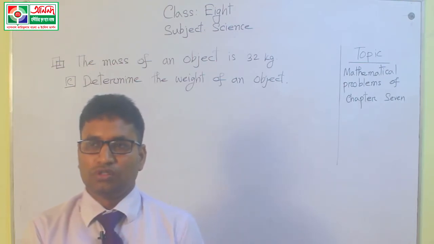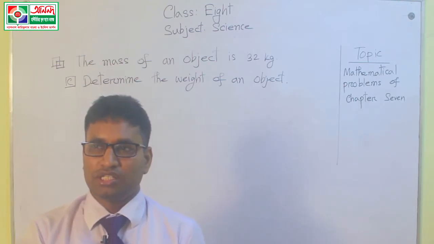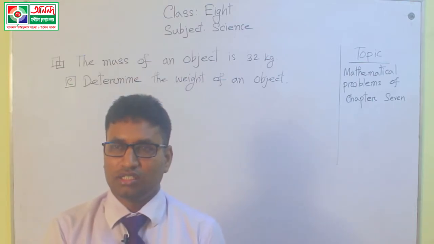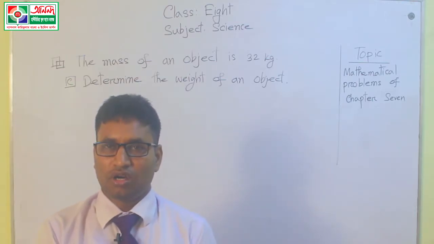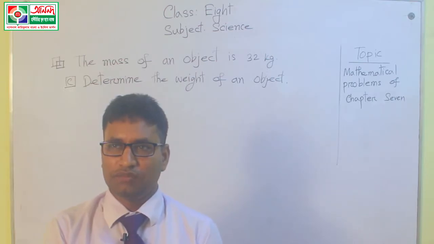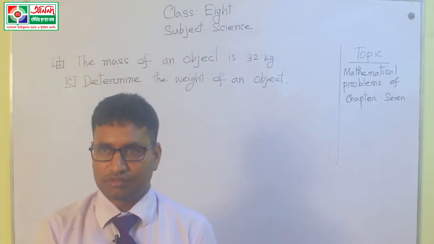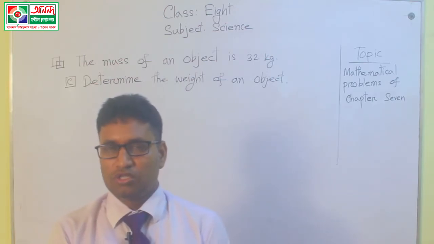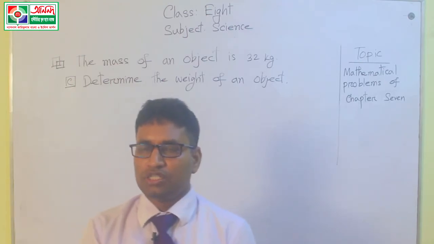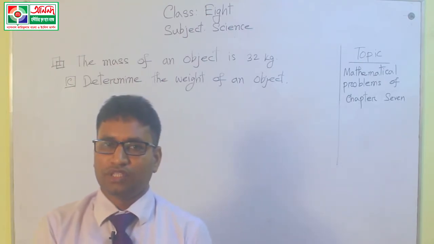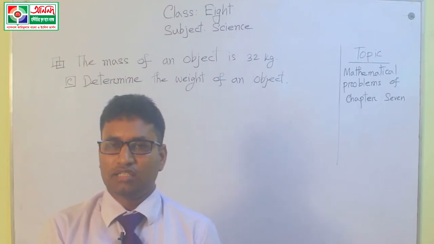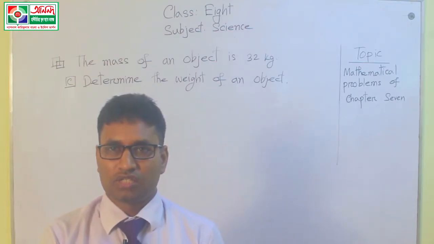On Earth's surface it is 9.8 or 9.81 meter per second square, and in the polar region it is 9.832 meter per second square.